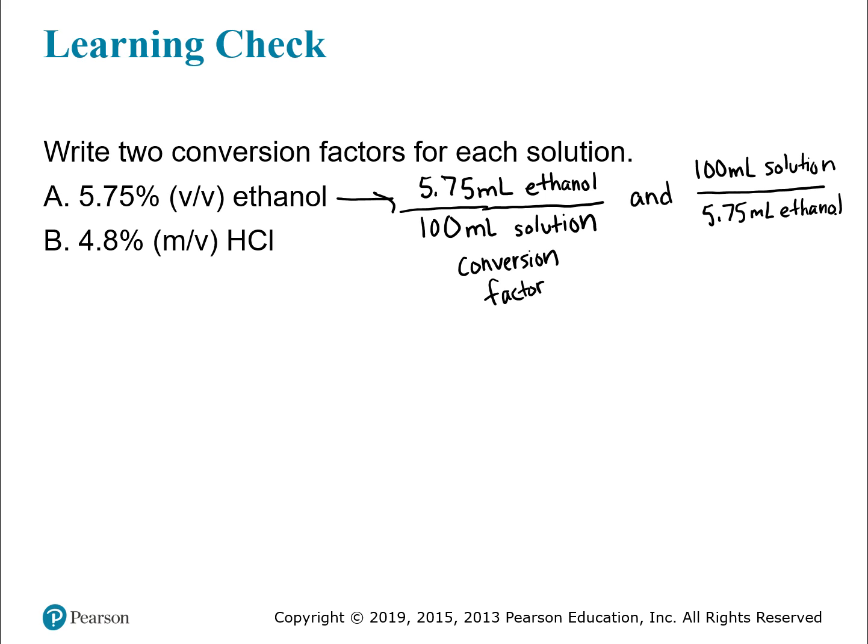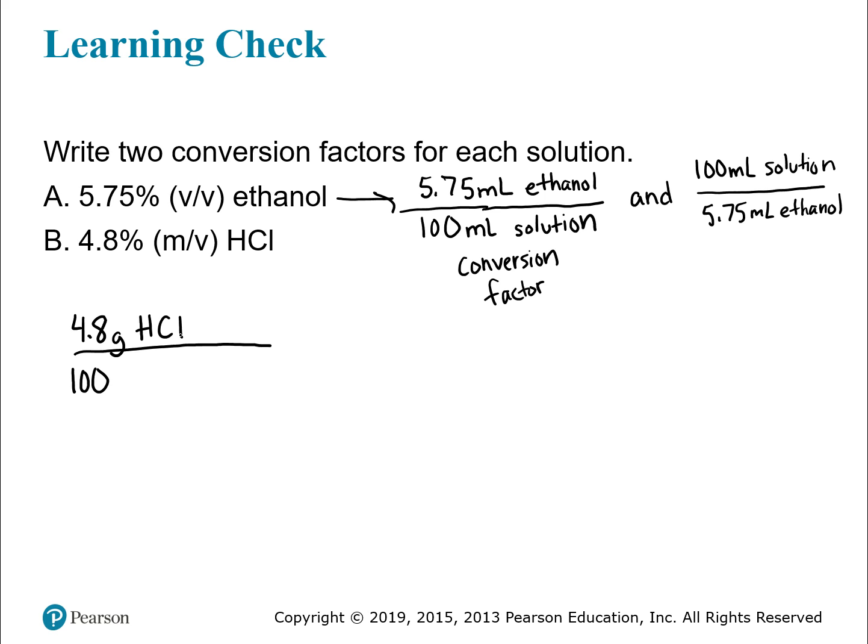So for B, we've got 4.8% mass by volume HCl. We know that 4.8% is 4.8 over 100. But now we need to assign what those numbers actually mean. For the mass, we're always going to go with grams.